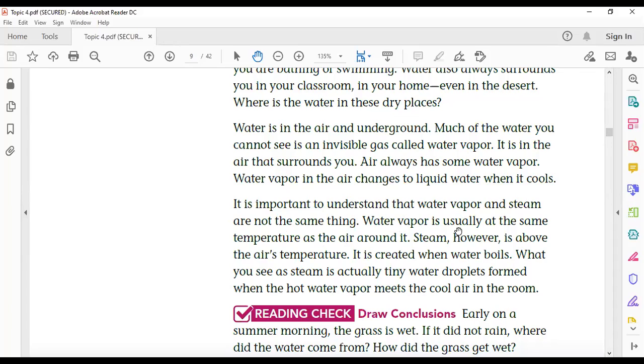Steam, however, is above the air's temperature. Steam is created when water boils. What you see as steam is actually tiny water droplets formed when hot water vapor meets the cool air in the room.